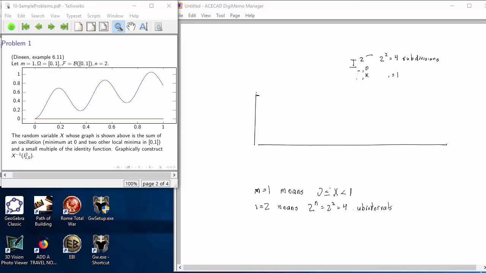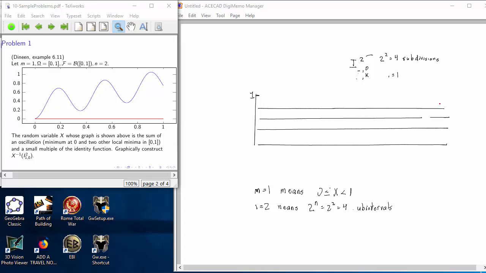So that means that on the vertical axis, we take the interval from 0 to 1, and we break it up into 4 equal subintervals, one going up to 1/4, one going from 1/4 to 1/2, one going from 1/2 to 3/4, and the last one going all the way up to 1.